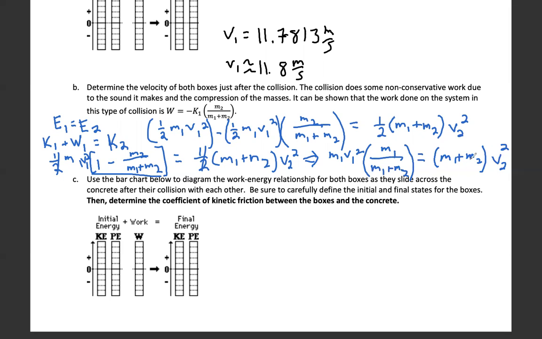So we can now isolate by dividing both sides by m1 plus m2, and then we just take the square root of both sides. And notice we got the same thing over here. We also have an m1 and an m1 here. So I'm going to move it down here to part C, and we'll do some erasing and rewriting.